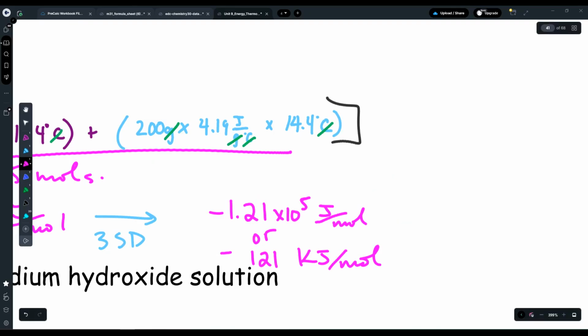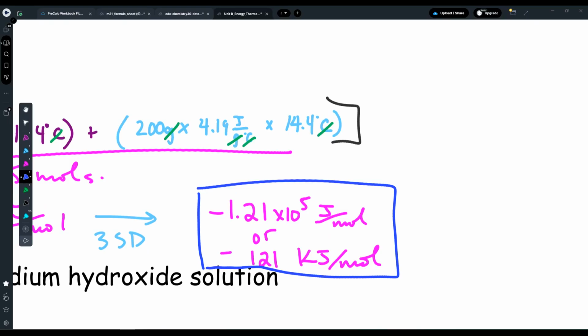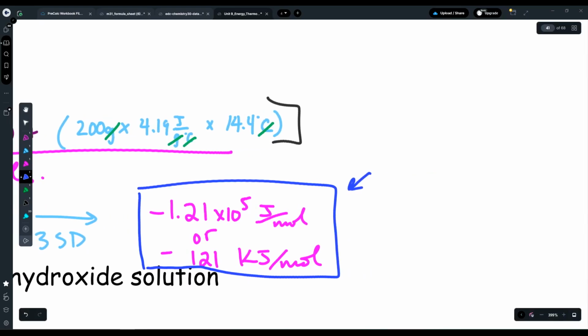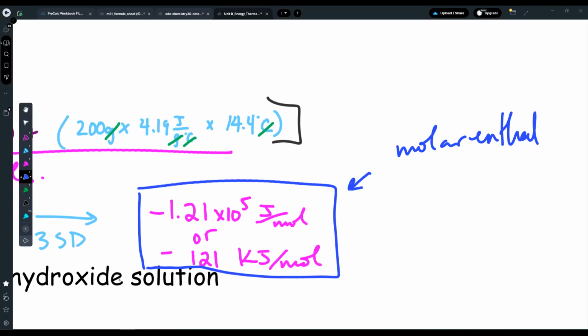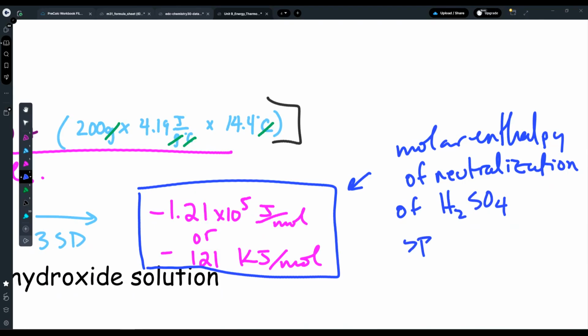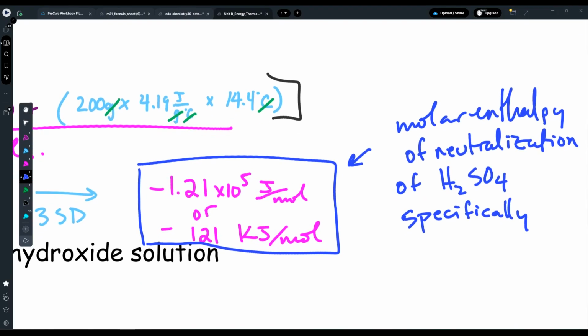The reason why is because the question didn't specify what units it wants the answer in. So just as a reminder, this is the molar enthalpy of neutralization for sulfuric acid specifically.